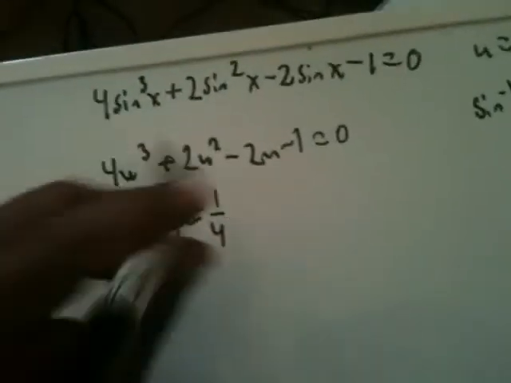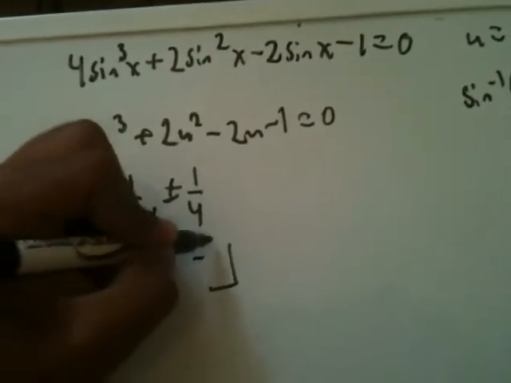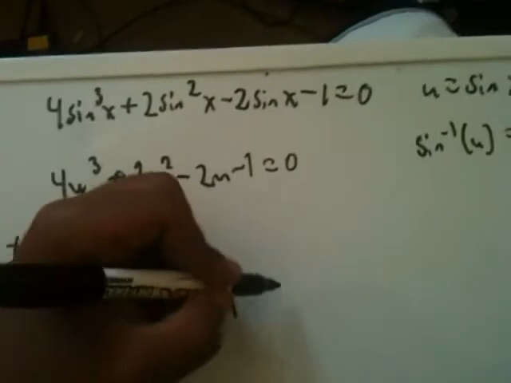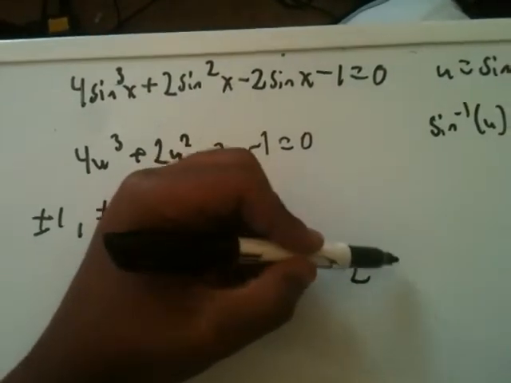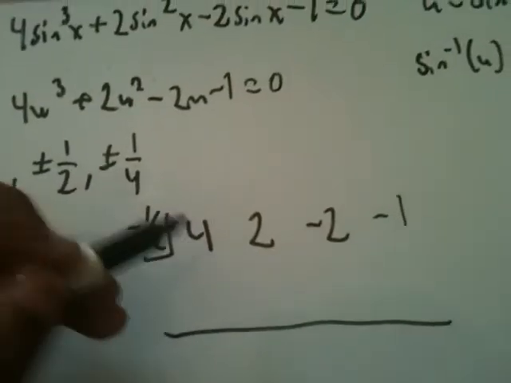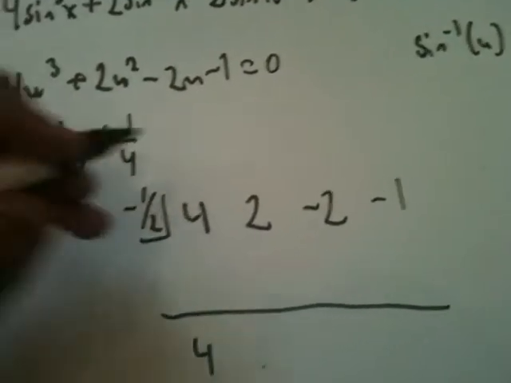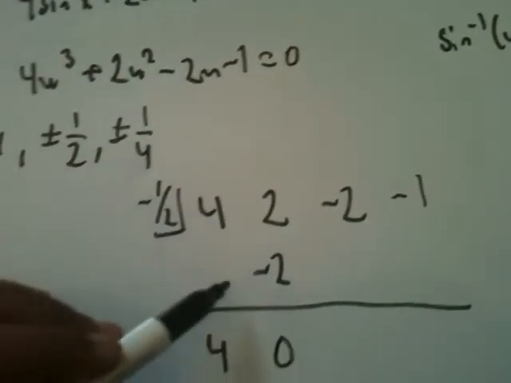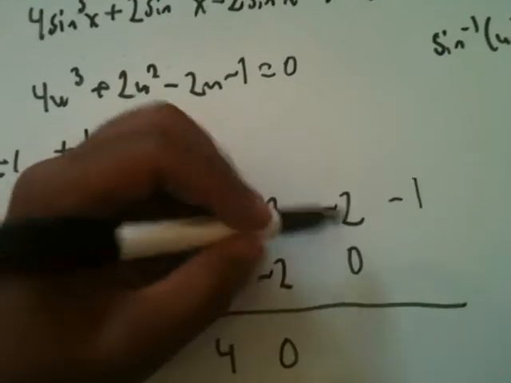And I'm going to try negative 1/2. So I'm going to put down the same numbers again. 4, 2, negative 2, negative 1. Alright, here we are. Bring down the 4. 4 times minus 1/2 is minus 2. 2 minus 2 is 0. 0 times minus 1/2 is 0.